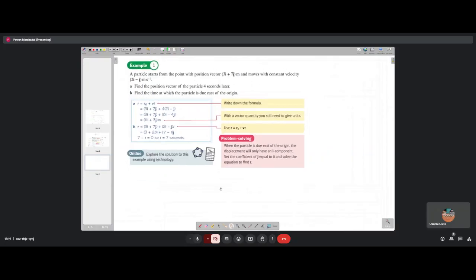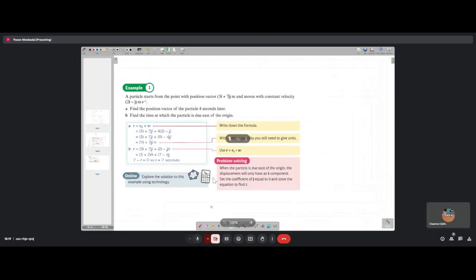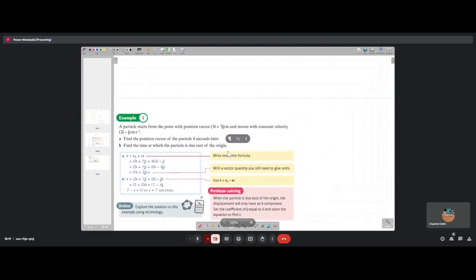Okay, so it says a particle starts from a point with a position vector 3i plus 7j meters and moves with a constant velocity of 2i minus j. You know what's really, really important is if you draw the diagram, you'll start to realize you probably don't even need to use the formula that they give you.